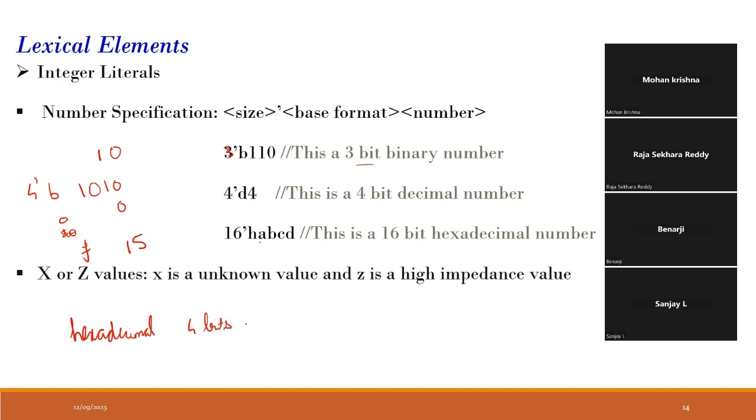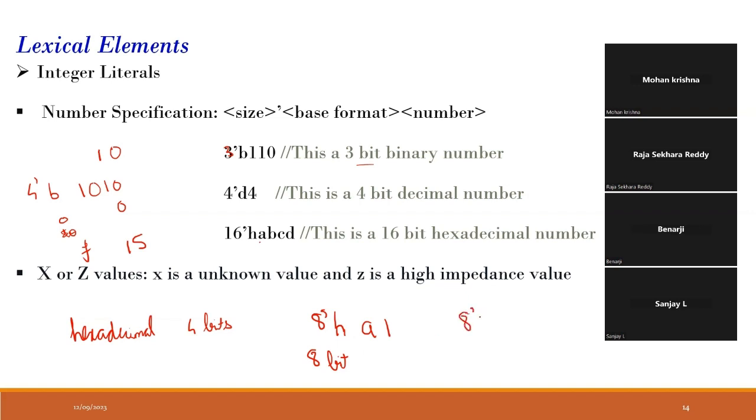So if we are saying it's hexadecimal, let us assume 8'h, which means it is 8-bit hexadecimal, and the value we assign it is A1. So what is this value in binary format?